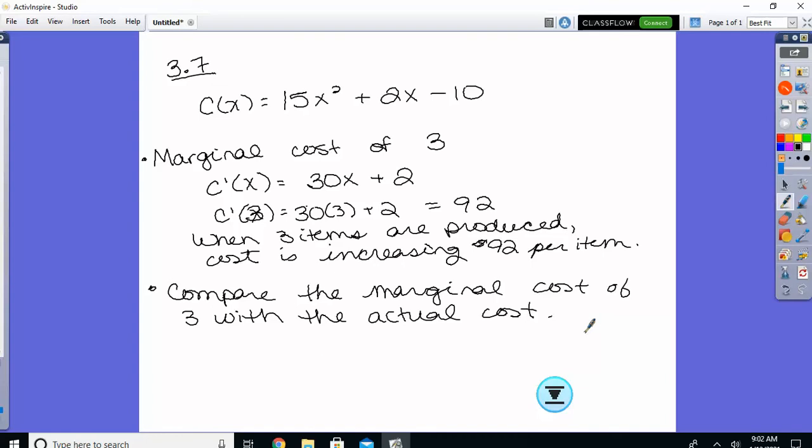Right. Plug in, I guess I should have been more specific, the actual cost of producing that 4th item, because that's what it's predicting. So we have to find the true cost of producing both 3 and 4 items. So if I plug these in, we're finding the true cost, so they go in the original. What do we get?